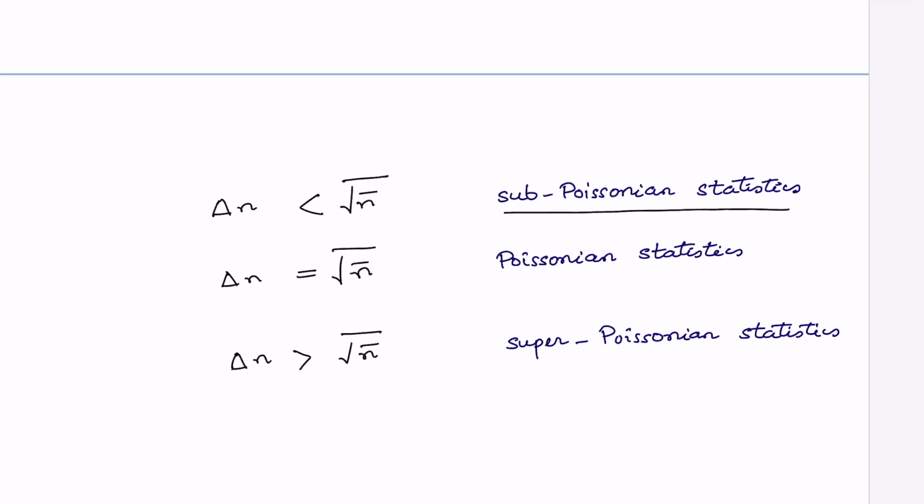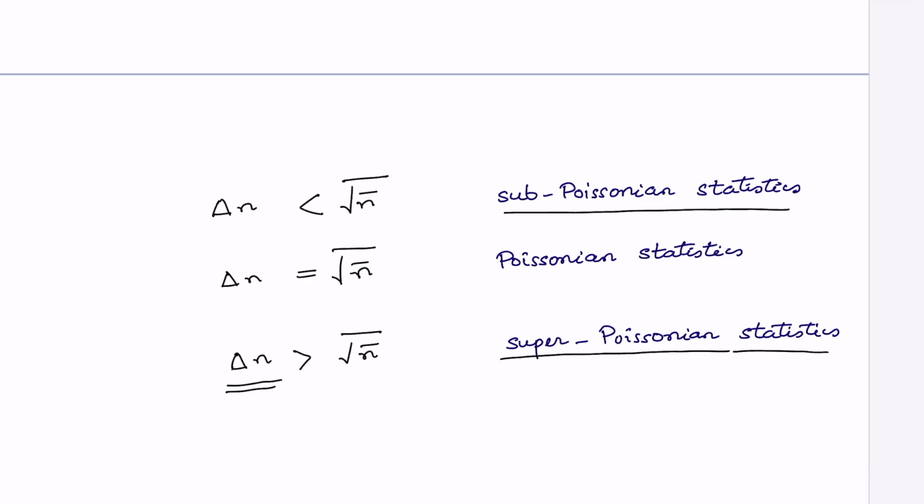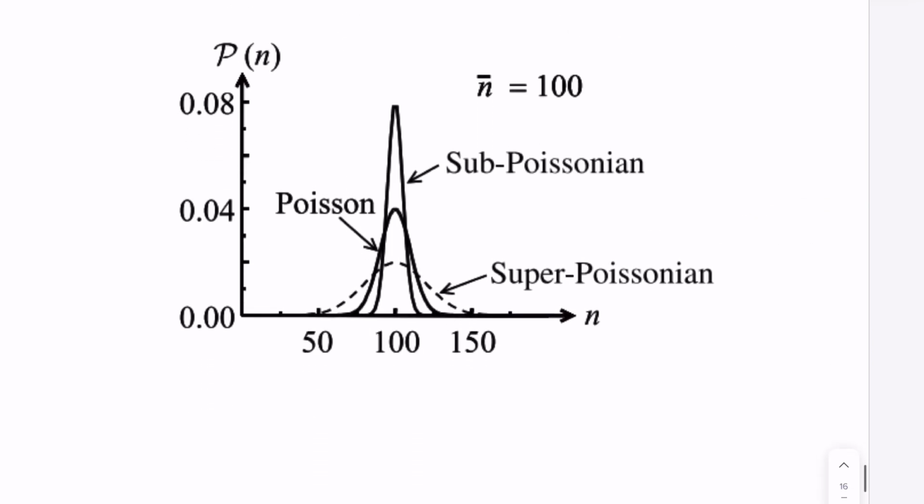And on the other hand, when the standard deviation delta n for the photon number fluctuation is greater than the square root of the mean photon number, then such kind of light is known to exhibit super-Poissonian statistics. The difference between these three statistics, that is sub-Poissonian, Poissonian and super-Poissonian, is illustrated in this picture.